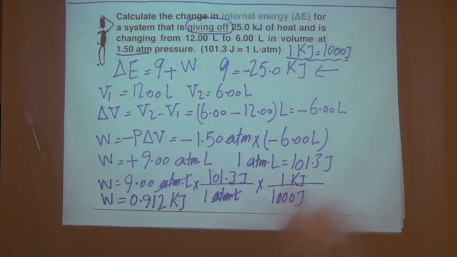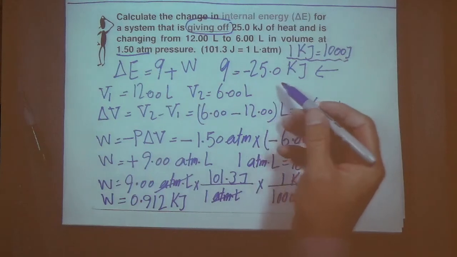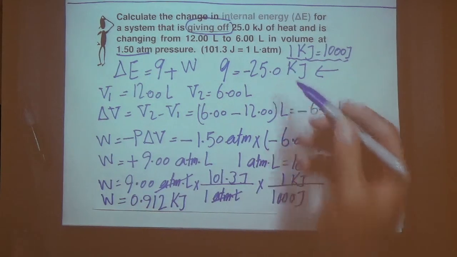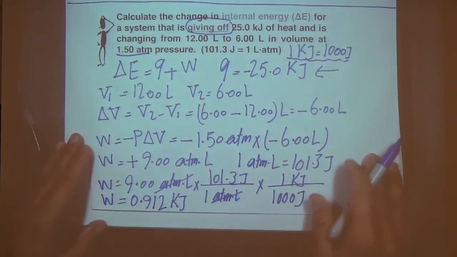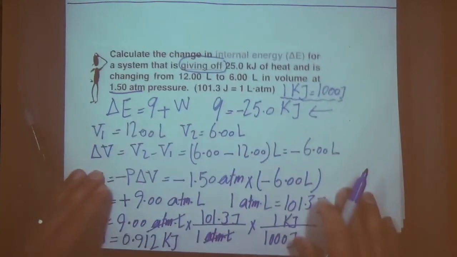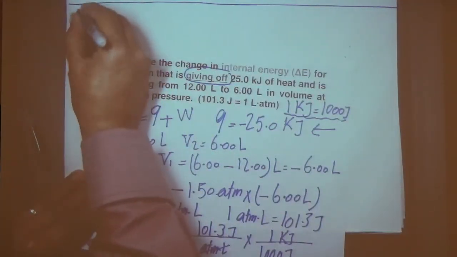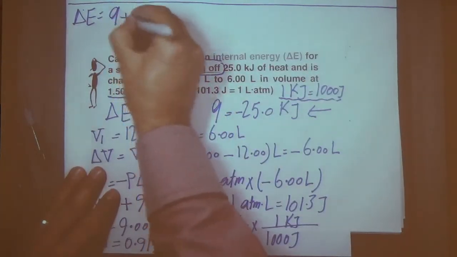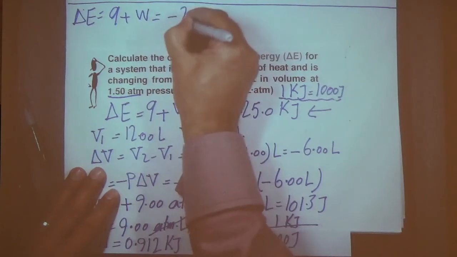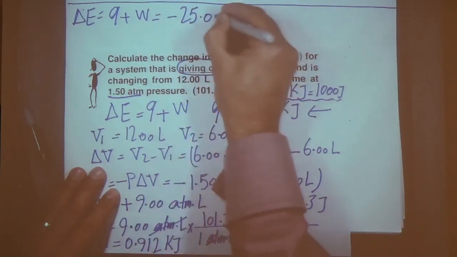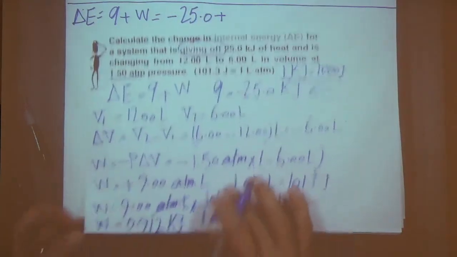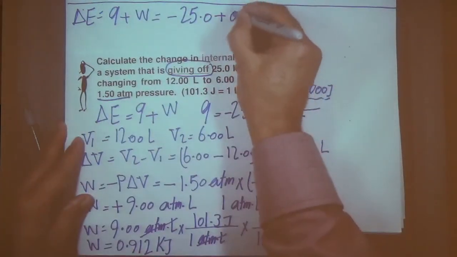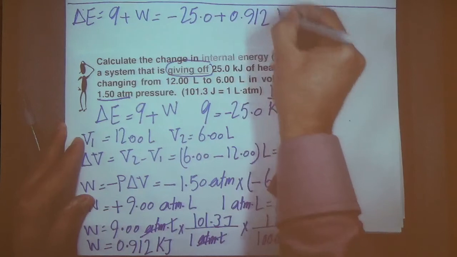So we got the work, a positive number, equal to 0.912 kilojoule, and we have the heat, a negative number, because the system says giving off heat. So now we should be able to calculate the delta E. Delta E is equal to Q plus work. Q is minus 25 plus the work, a positive number, 0.912, in unit kilojoule for both.